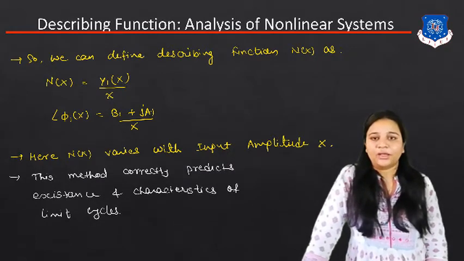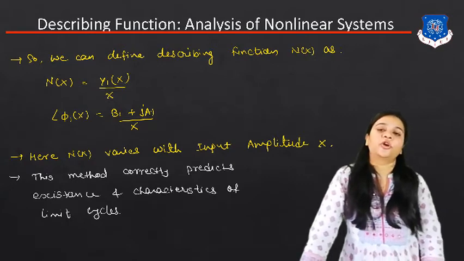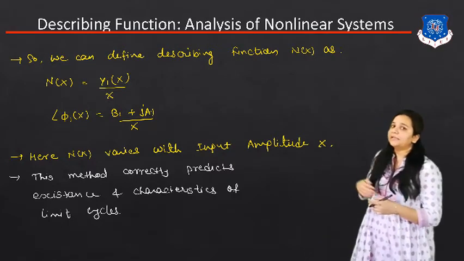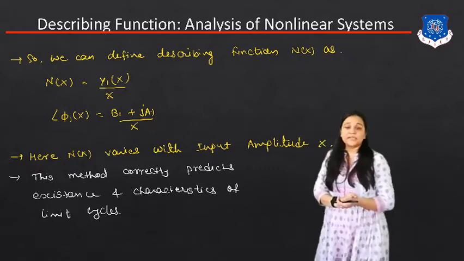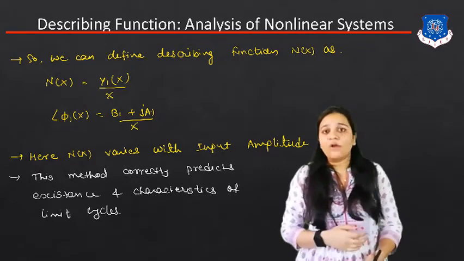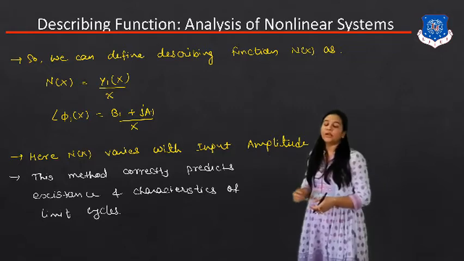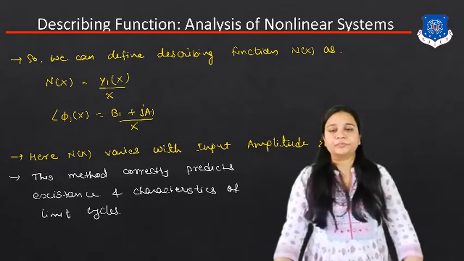So this method correctly predicts the existence and the characteristics of the limit cycle. So using this describing function analysis, we have to find out the characteristics of the particular limit cycle. Clear?